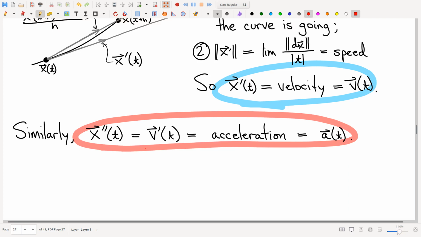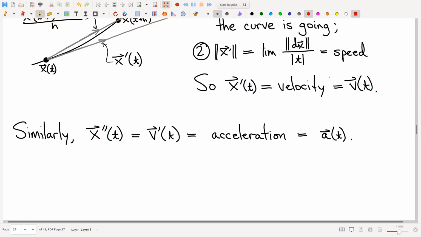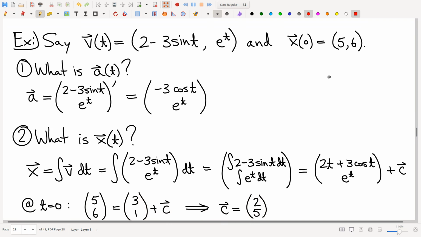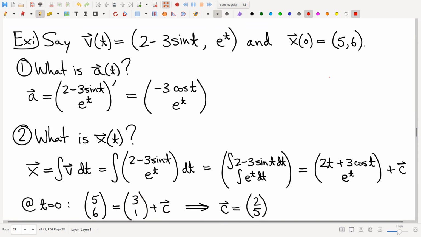Again, a very analogous argument: write down what the derivative of velocity would look like geometrically, go through an analogous bit of reasoning, and then recall, oh yeah, wait a minute, that's exactly what acceleration is. Okay. All right, so let's do an example. This example should look very familiar. This is just a vector-valued version of something you did a million times back in Calc 1.